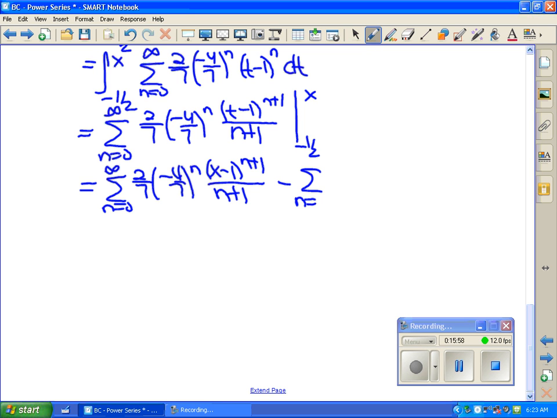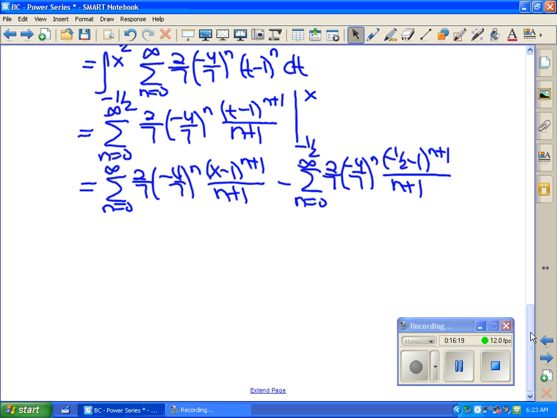So n equals 0 to infinity, 2/7, negative 4/7 to the n, and this part will be (negative 1/2 minus 1) to the n plus 1 all over n plus 1. Normally that second half goes away, but because of the function that I was working with, ln of 3 plus 4x, it does get a little bit more complicated.